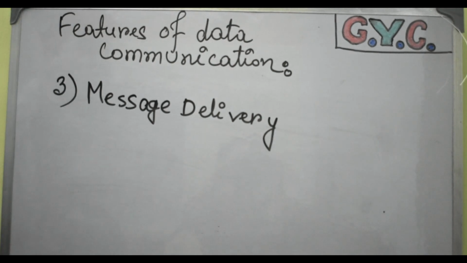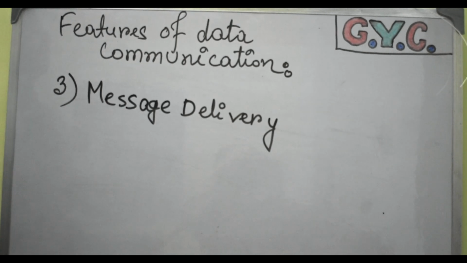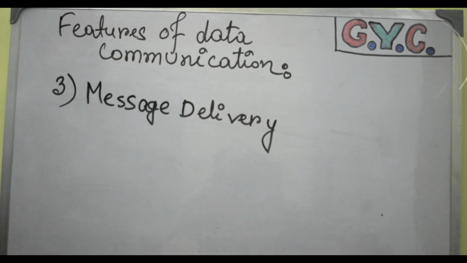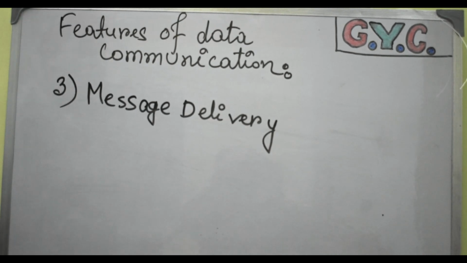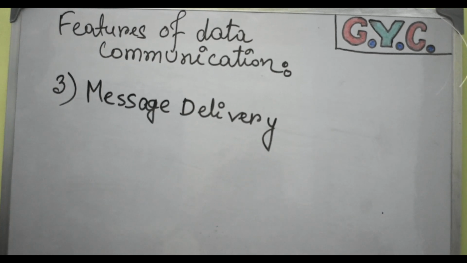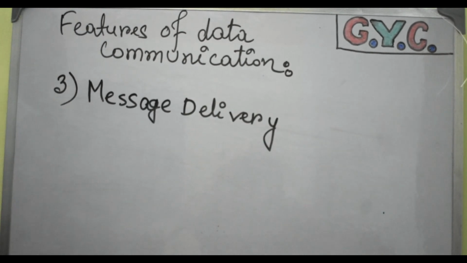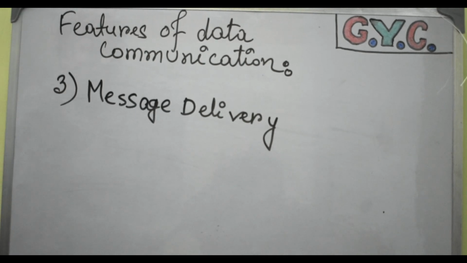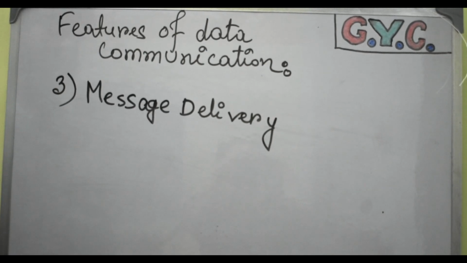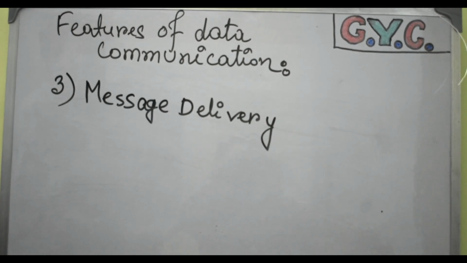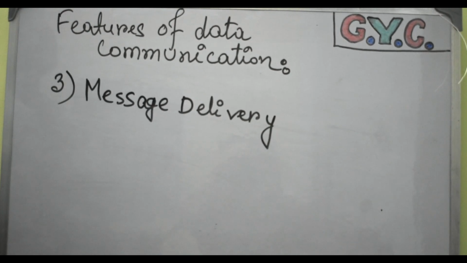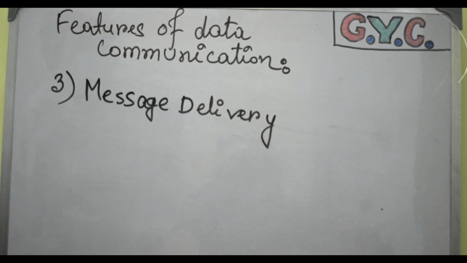It ensures that a sender wanted to send some message and it was delivered to the intended receiver without any problem. The receiver has received the data. So after assuring all three, accuracy and consistency, timeliness and message delivery, we can claim that the data communication between the sender and the receiver was successful.